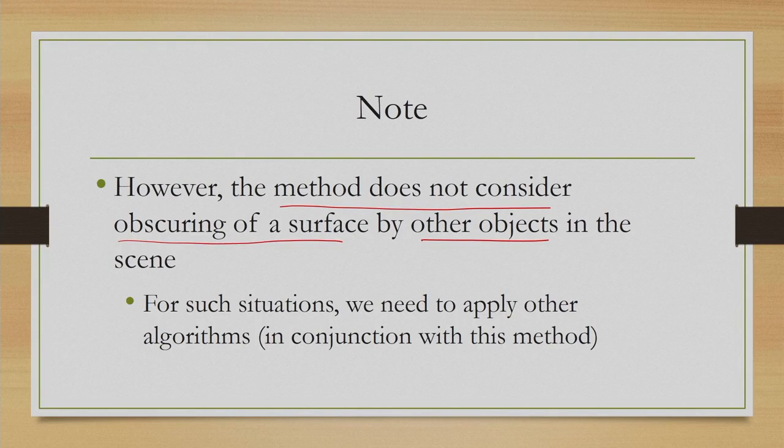If a surface is not a back face, but is obscured by a surface of some other object, then those surfaces cannot be detected using the back face elimination method, and we require some other algorithms. However, those other algorithms are useful for detection of a surface that is obscured by other object surfaces, and we can use those algorithms in conjunction with this method.